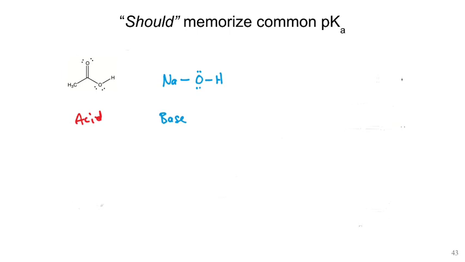Bonds. Kind of like what we've been doing this entire unit. Let's evaluate the bonds. Once we know the bonds, we can predict forces. Well, also with the bonds, we can predict intermolecular reactions.